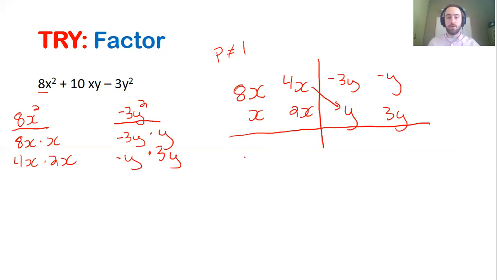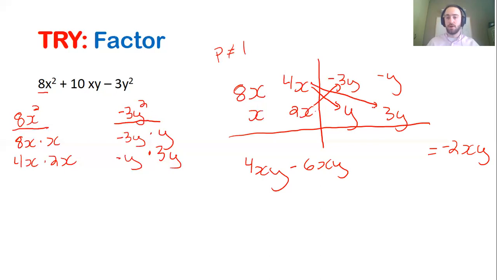So we have 4xy, and we have negative 6xy. Doing the addition, we're left with negative 2xy, which does not equal our middle term of 10xy. So we continue.